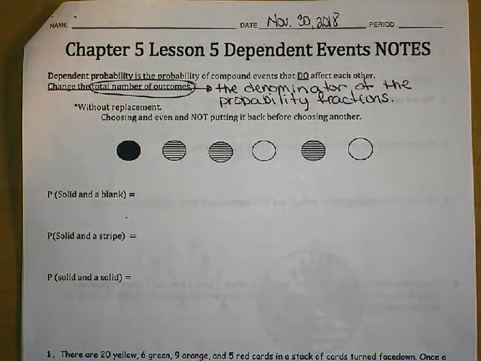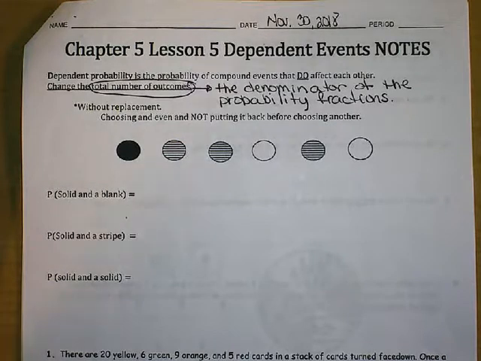Remember, independent events do not affect each other. I demonstrated yesterday that if I had 10 Jolly Ranchers, the probability of selecting a grape and putting it back does not change my probability of selecting a grape again.